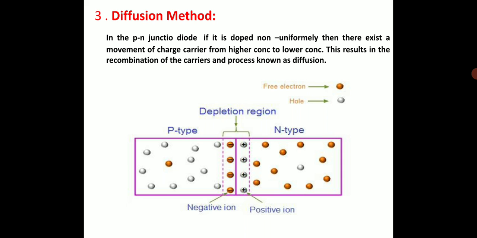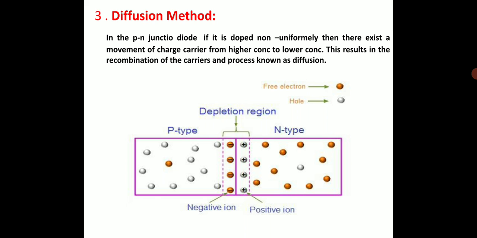That junction is a p-n junction. After some time we will see the p and n regions join together, and that's why it is a p-n region. Due to this concentration gradient of holes and electrons across the junction, the process of diffusion will take place.